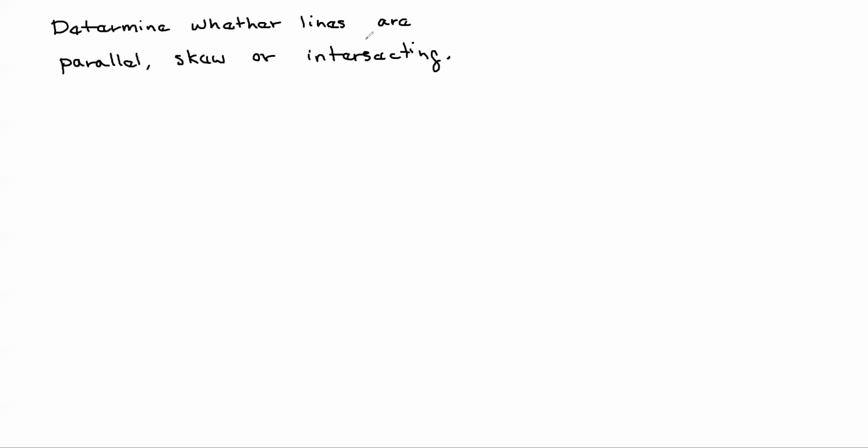So what do these three things mean? Let's just talk about them for a moment. All right, so parallel, we know what parallel lines are. You go through and you have two lines next to each other.